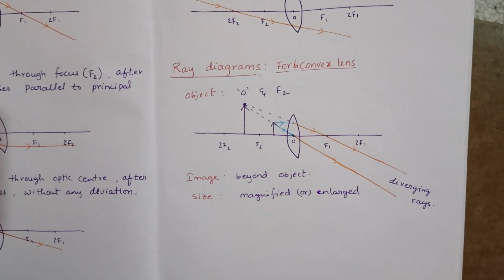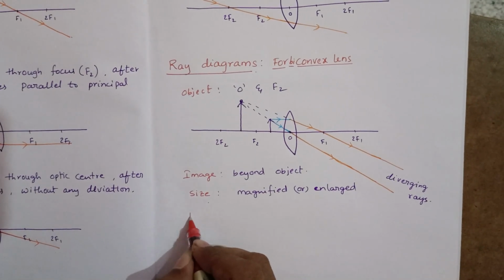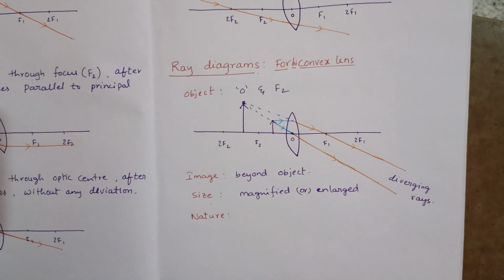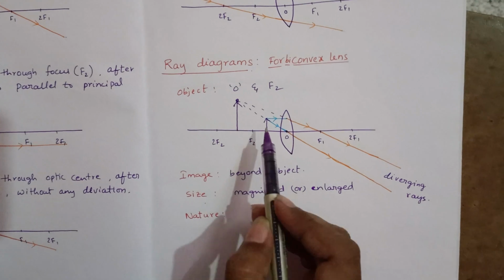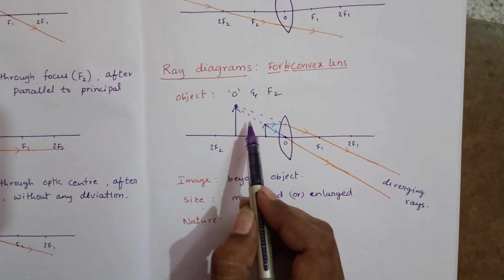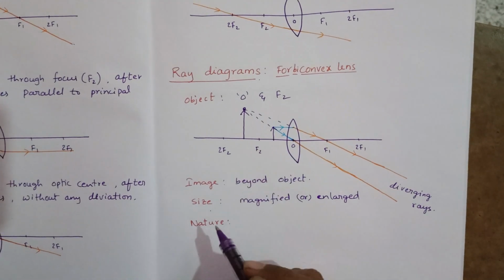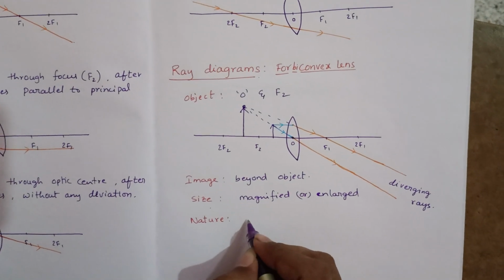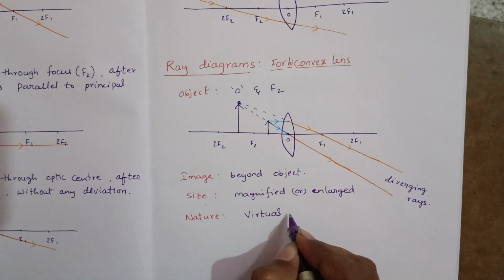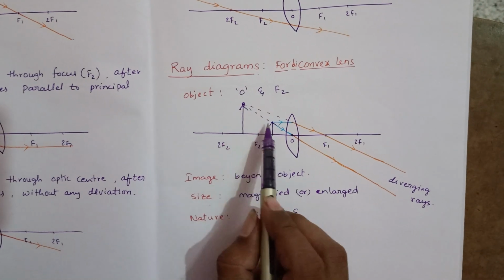Nature of the image: it is by extending the refracted rays that they meet at a point. These are known as virtual images. And the image is upright, the head is forming correctly.